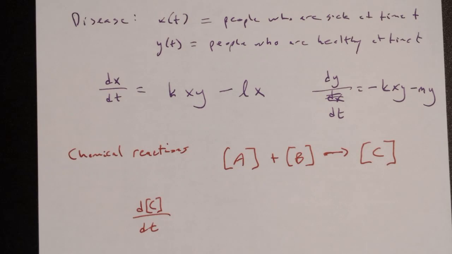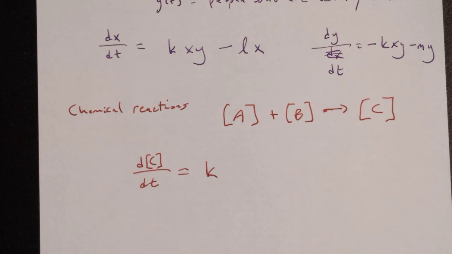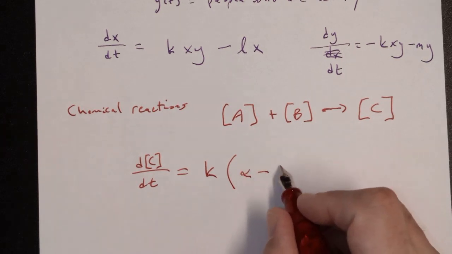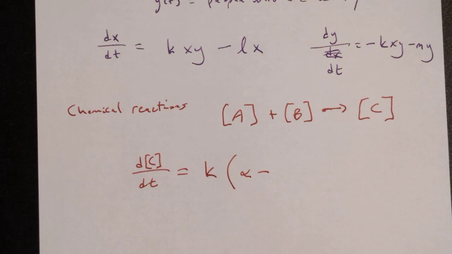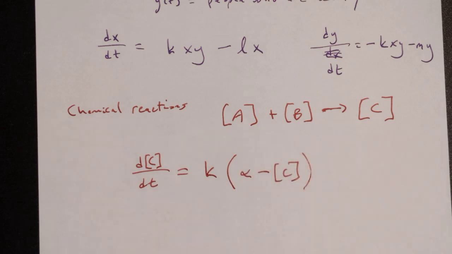According to this equation, the rate at which C is changing should be proportional to, I need a number for how much A I started with. I don't know what that is, but I make a molecule of C out of the A.